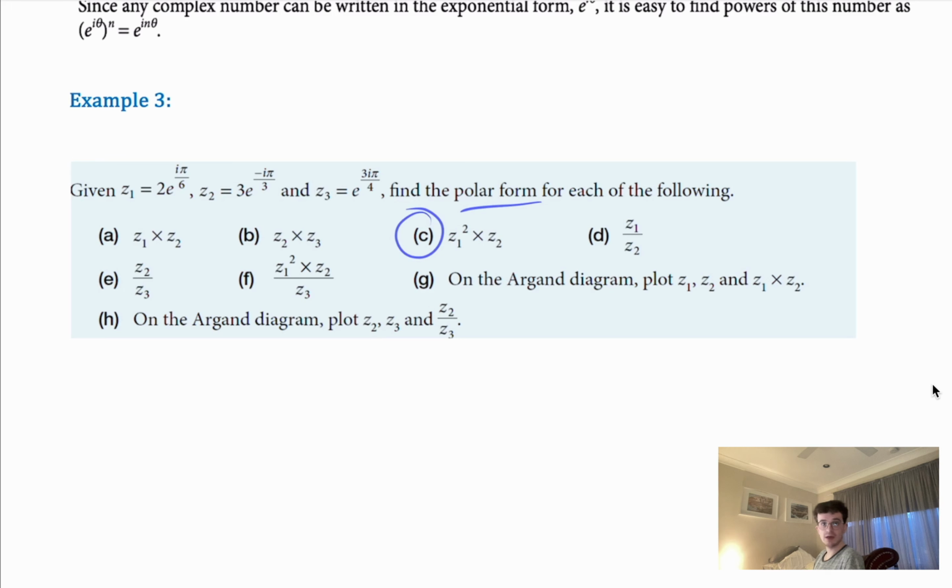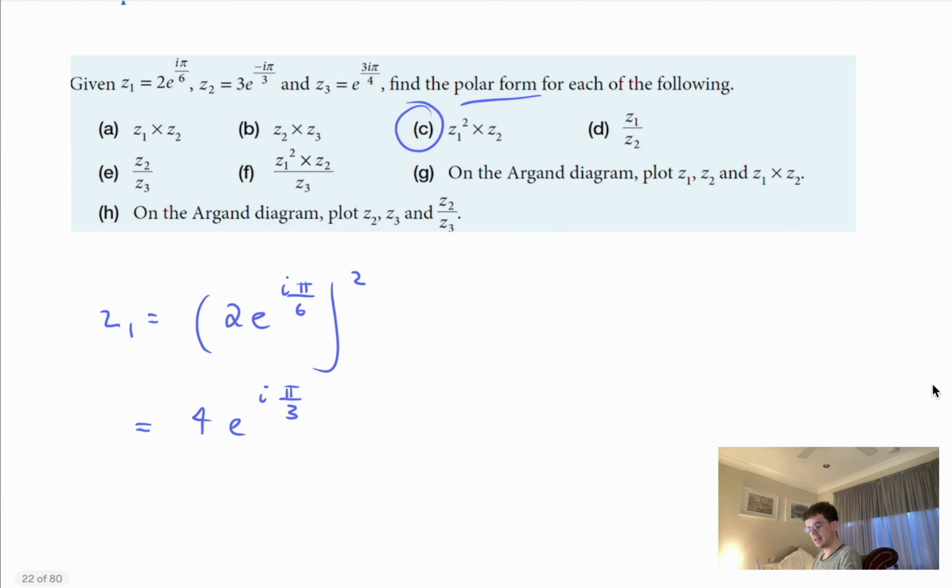Remember, polar form is another way of saying modulus argument form. So z1 squared is 2e to the i pi on 6 squared. Remember, to square a complex number, we use De Moivre's theorem. 2 squared is 4, e to the i, pi on 6 times 2 is pi on 3.